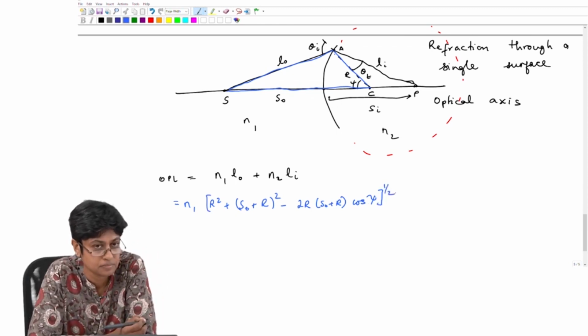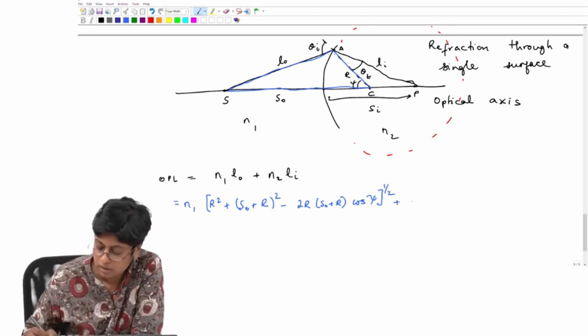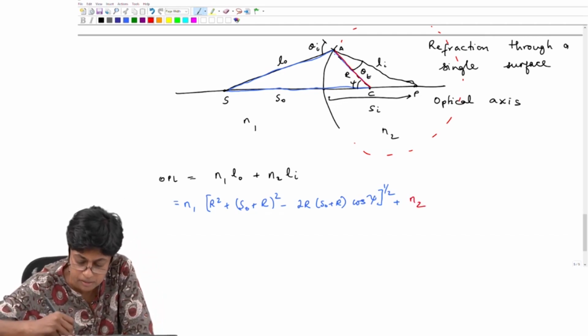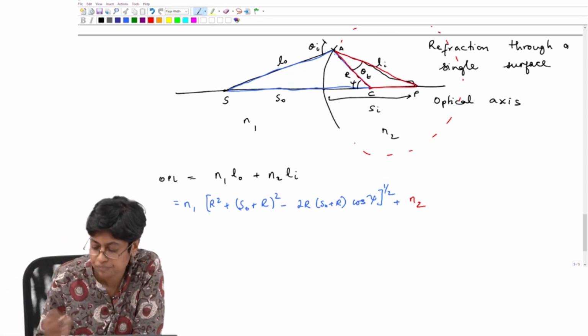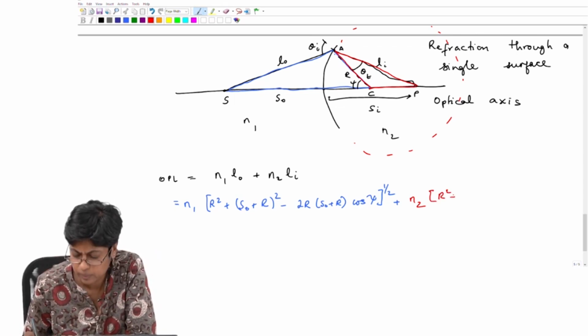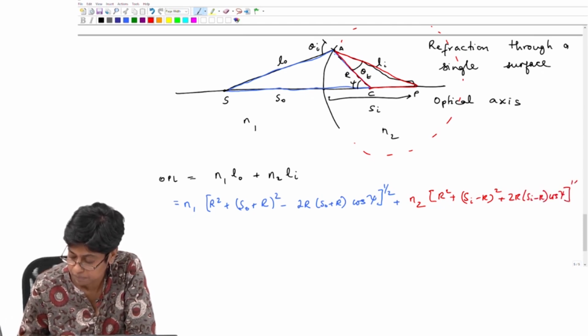Yes, again just using some trigonometry here, plus the second part of this equation is n2, and now I am interested in this triangle. Right. So, that is n2 R squared plus Si minus R the whole squared plus 2R Si minus R cos psi to the power half.